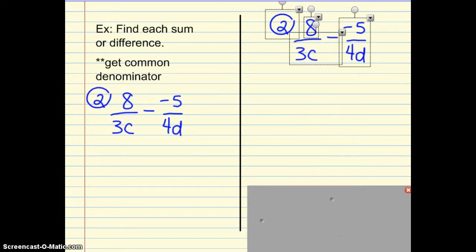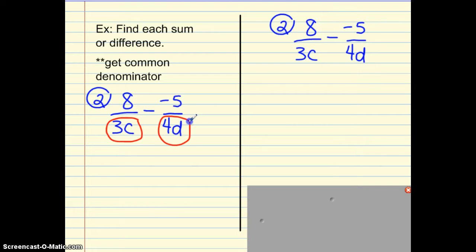Looking at number 2, again, I need to find my least common multiple to get my common denominator. So my LCM is going to be 12CD. So I will come over here and we'll have 12CD on the bottom of both of these.